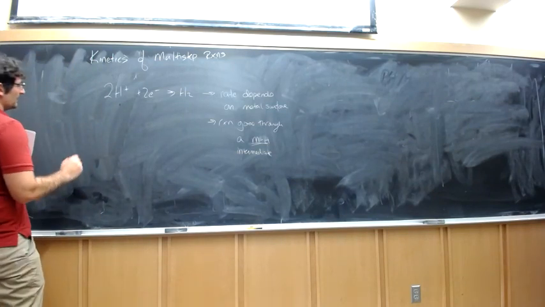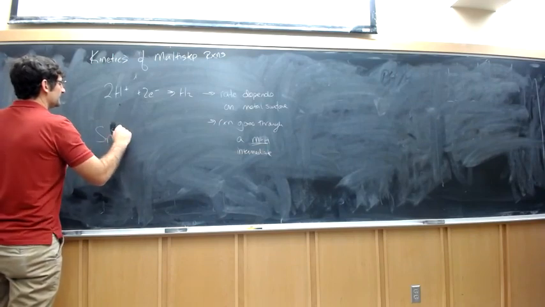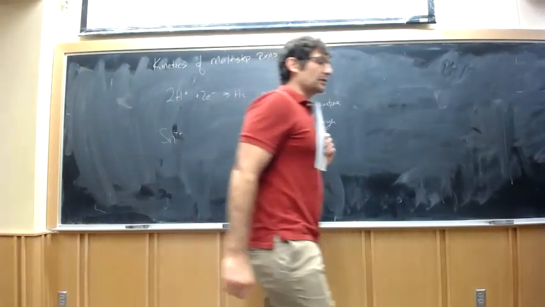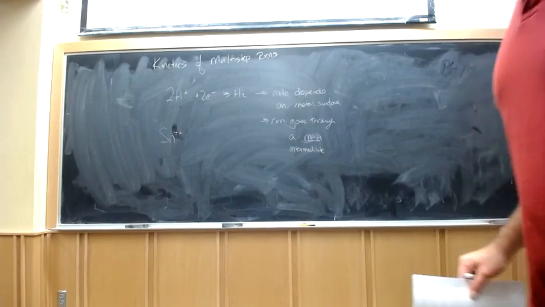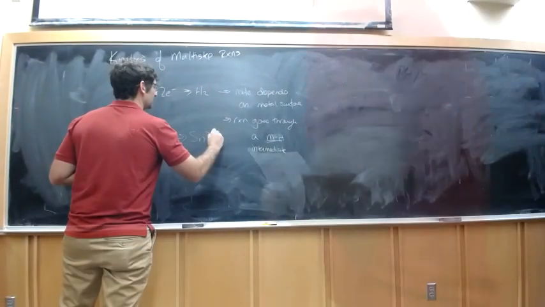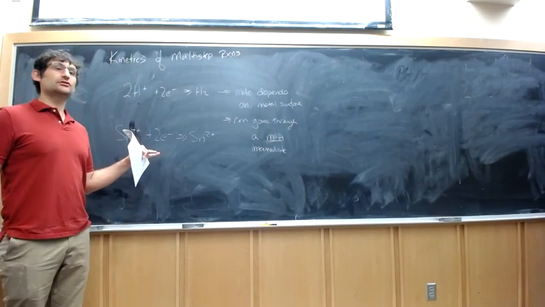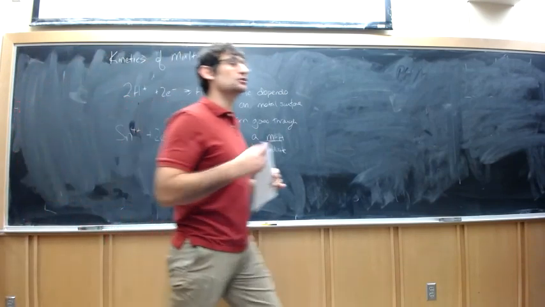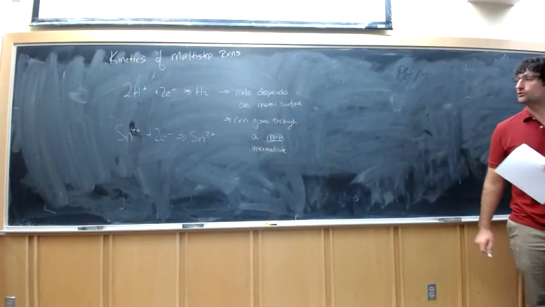Another example you might run into: imagine I have a transition metal like tin 4+, right? Tin 4+ can undergo a 2-electron reduction to form tin 2+. Although you only require one tin 4+ to hit the electrode, you will never go through a process where the 2 electrons transfer simultaneously to give you tin 2+.